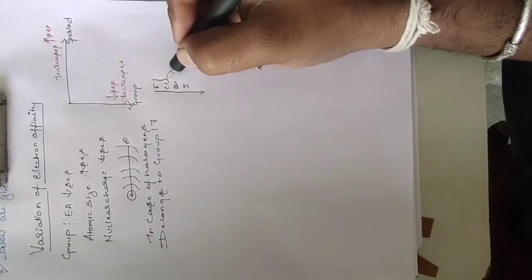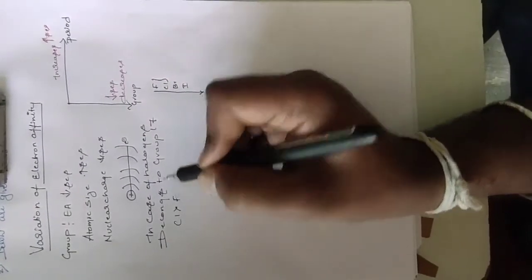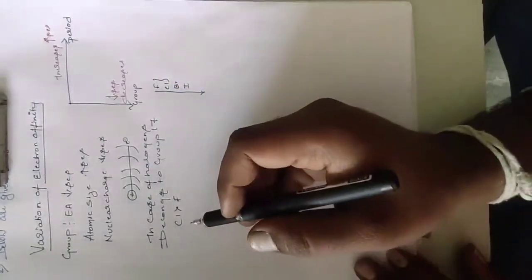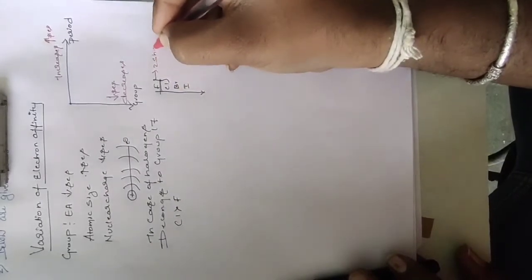The electron affinity of chlorine is greater than F. Why does it have more? F is in the second shell, and chlorine is in the third shell.